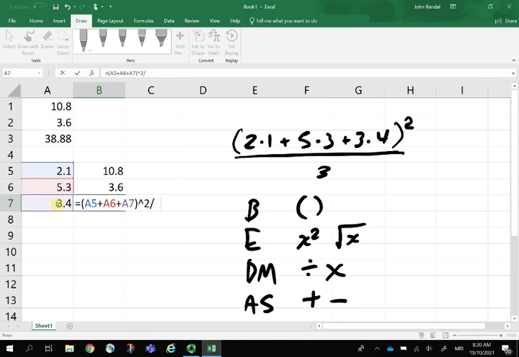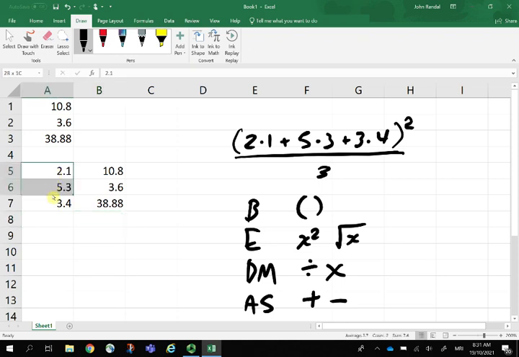Squaring and dividing by 3 gives me the same answer as I had before. By entering numbers into cells like this, we not only have that ability to update those numbers if necessary to do other equivalent calculations, but we also get access to functions in Excel.